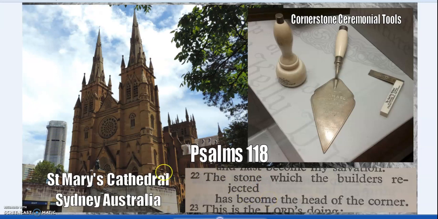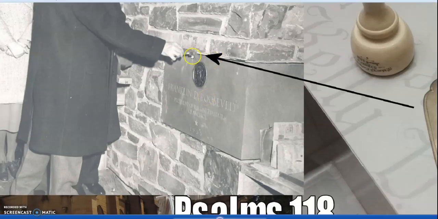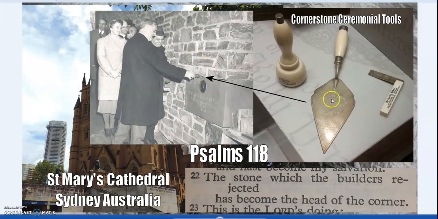This is an important feature because, for instance, St. Mary's Cathedral here in Sydney, in the Crypt Museum down below, we see the square, a trowel and a mallet. These are cornerstone ceremonial tools. For instance, Roosevelt, once the cornerstone's laid, then it's mortared in place, and we use a trowel to do that.